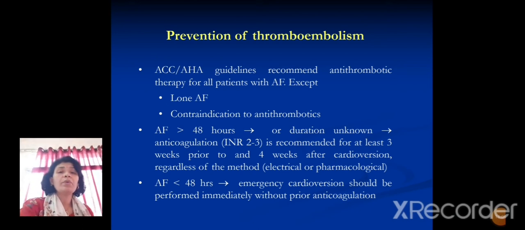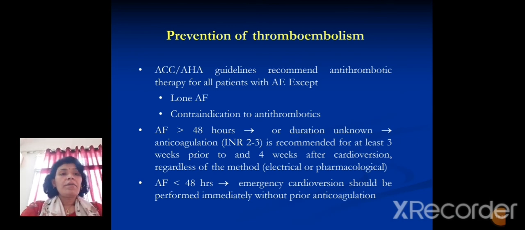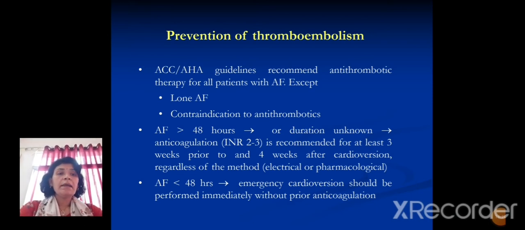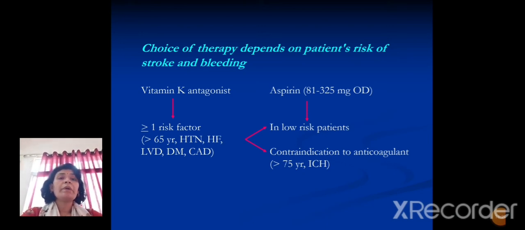If we try to cardiovert, then there are chances of thromboembolism. So either electrical or pharmacological, nothing is recommended without giving anticoagulation. But if the AF is less than 48 hours old, then emergency cardioversion can be performed immediately without prior anticoagulation. The choice of anticoagulant therapy depends on the patient's risk of stroke and bleeding.